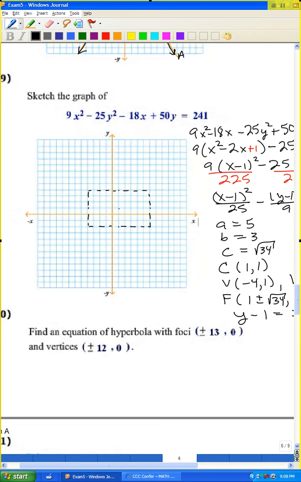That's still hard. Okay, so let's do this. Get the diagonals if I can.